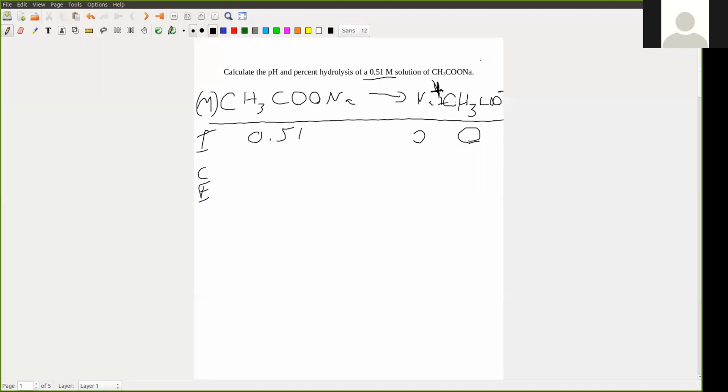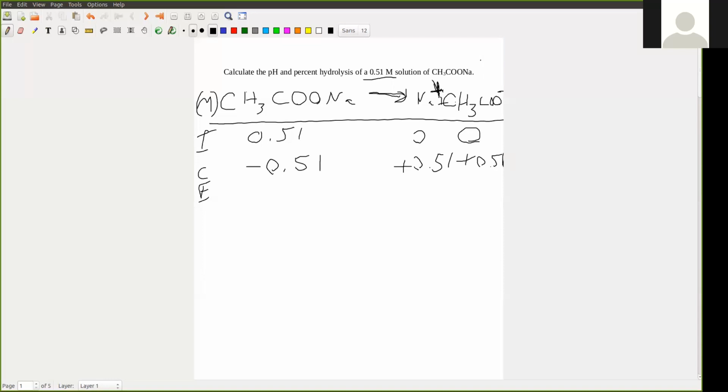And then the change will be, because we know this is completely dissolving, as is indicated by the one-way arrow, we know that we're subtracting 0.51 molar. And whenever we subtract on the reactant side, we have to add to the product side the same amount weighted to the coefficient. Now the coefficient on each of these terms is 1, so that makes it rather easy. So we got minus 0.51 and plus 0.51.